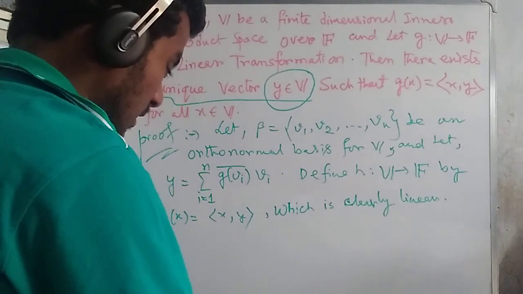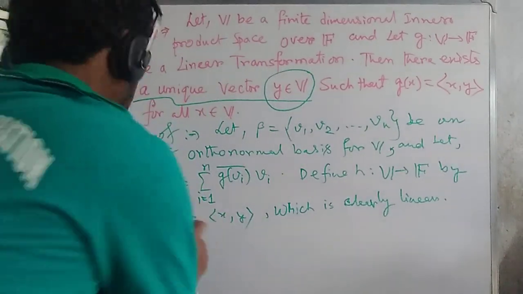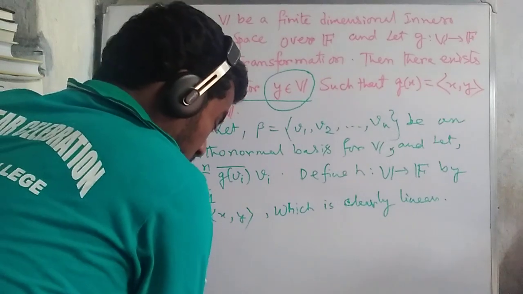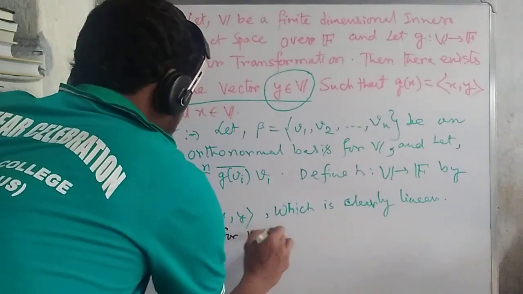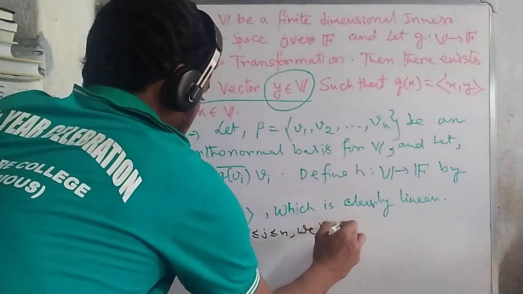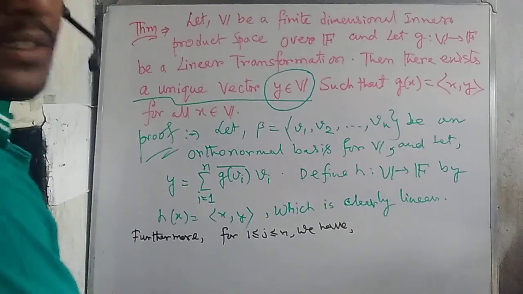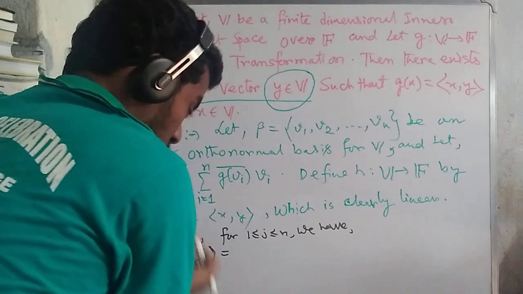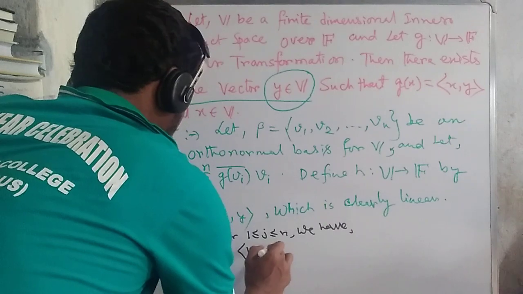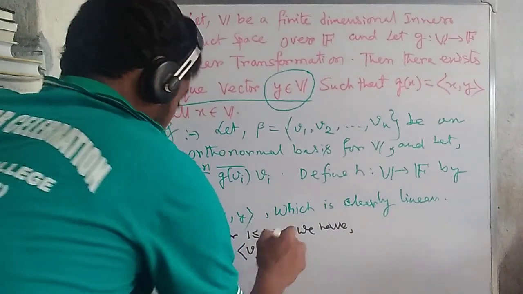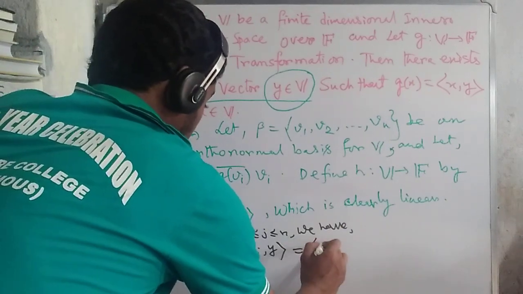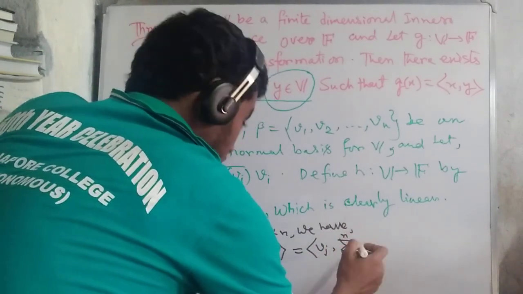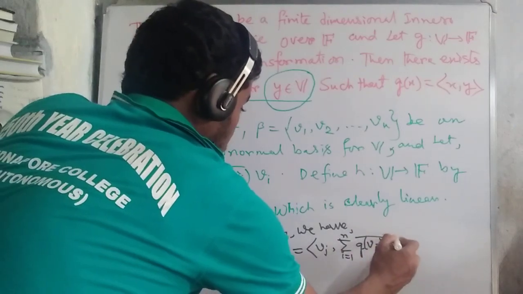Now furthermore, for 1 less than or equal to j less than or equal to n, we have h(vj) equal to the inner product of vj and y, equal to the inner product of vj with the summation from i equal to 1 to n of the conjugate of g(vi) times vi.